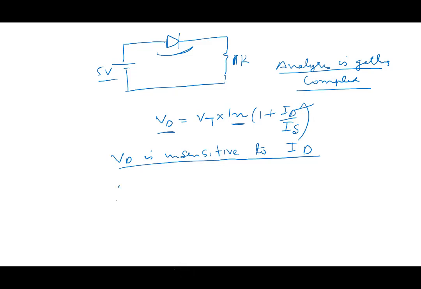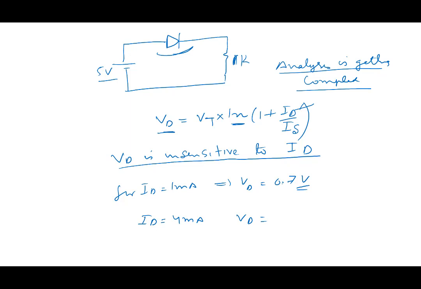So for example, let's say for ID equal to 1 milliampere, I get VD equal to 0.7. Now let's say ID is not 1 milliampere, ID is 4 milliamperes. What will be the value of VD?